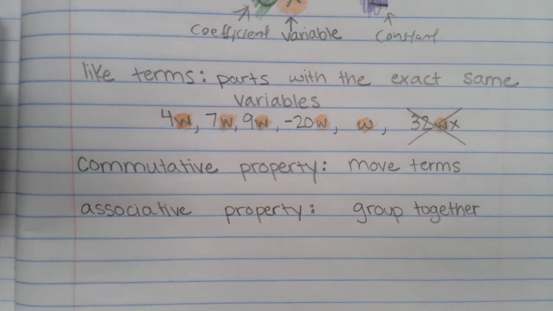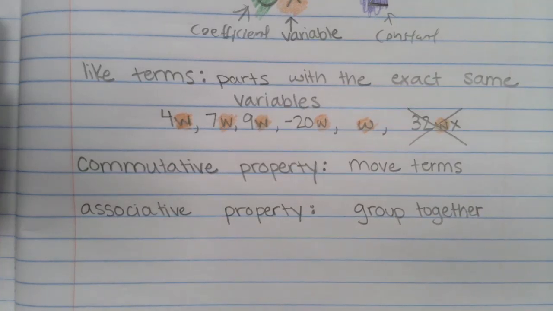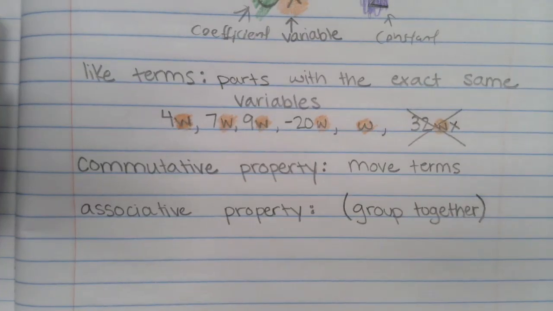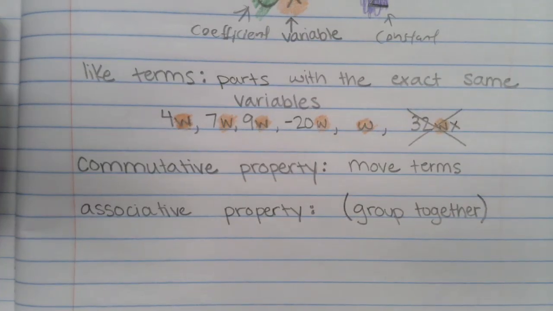And in math, our most used grouping symbol, the one that you know mostly, is parentheses. So when we say group together, that means we're going to use parentheses to group them, put them in the same part.